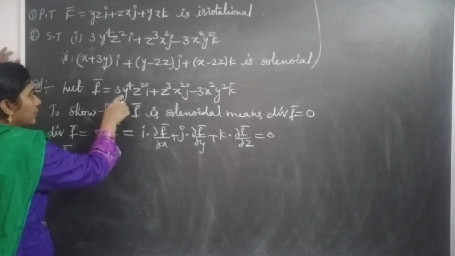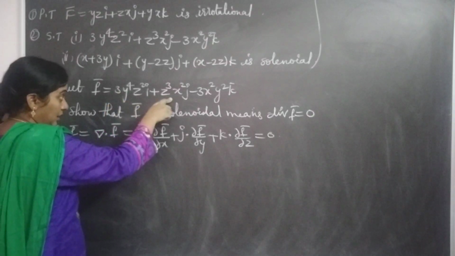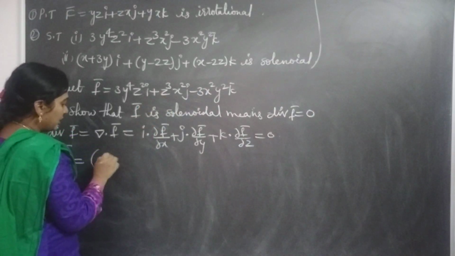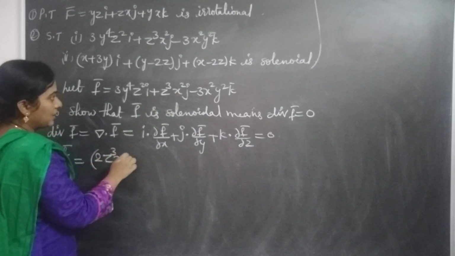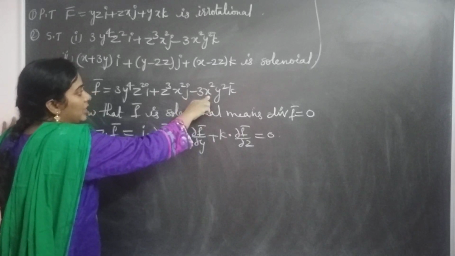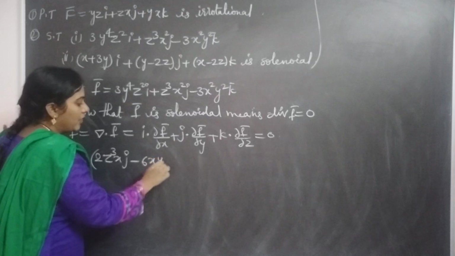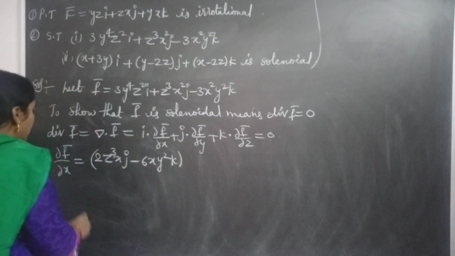In the first term there is no x variable; in the second term the x variable is there, z cube is treated as a constant, x square derivative is 2x, j; minus x square derivative is 2x, 2 threes are 6, x y square k. That is dou F bar by dou x.